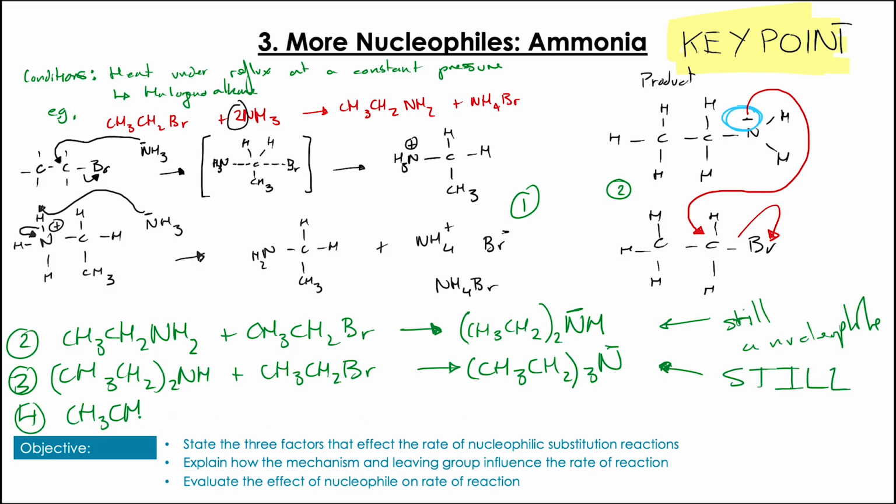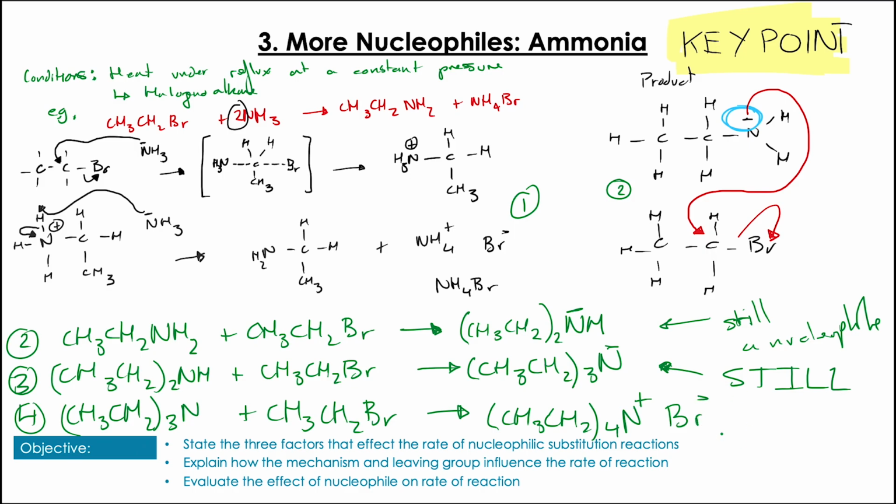Indeed, this is the worst case scenario. We can form the quaternary salt where this tertiary amine reacts again with the halogenoalkane, forms the quaternary ion, and then that bonds with the bromine, and we don't want this to happen. This is the quaternary salt.